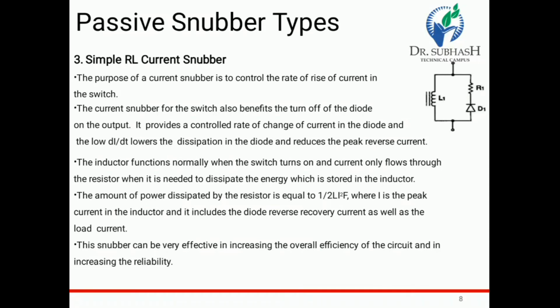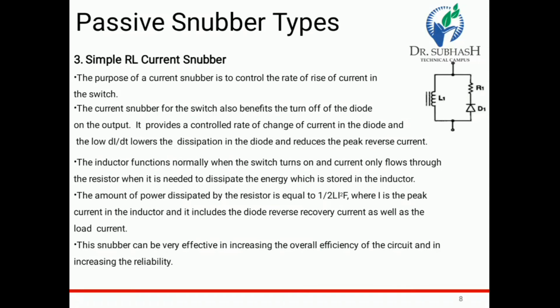It provides control of the rate of change of current in the diode and the load, dI by dt, lowers the dissipation in the diode and reduces the peak reverse current, right? So when we design this simple RL current snubber circuit, we can reduce the peak reverse currents.